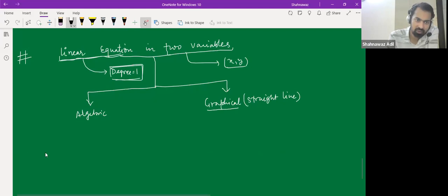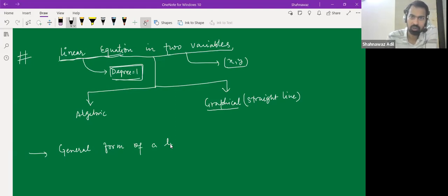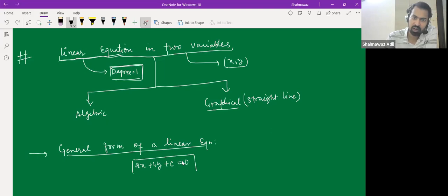So the general form of a linear equation is what? General form of a linear equation is ax plus by plus c equals to 0, where a, b, c are coefficients and constants.